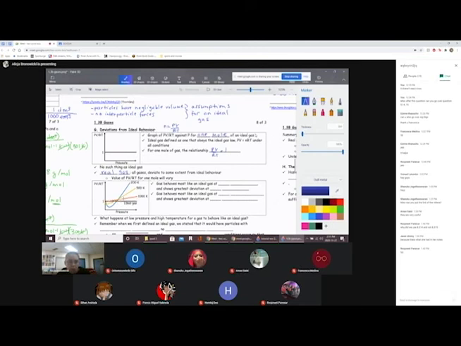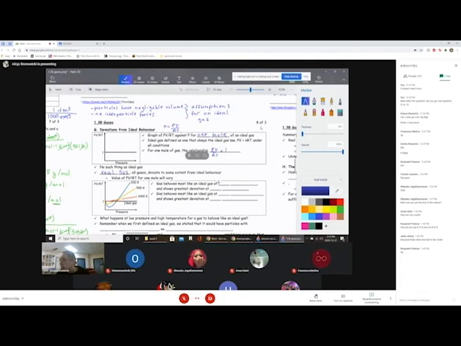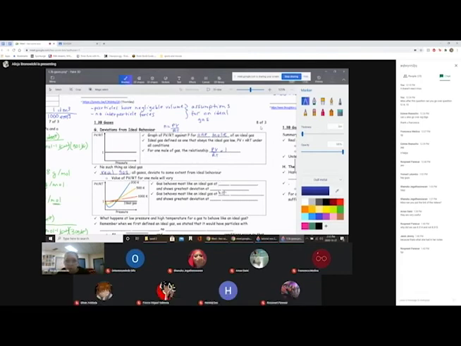That's saying that my real gas behaves like an ideal gas at higher temperatures. So a gas behaves most like an ideal gas at high temperature, just because it's the closest to the line when the temperature is the highest.